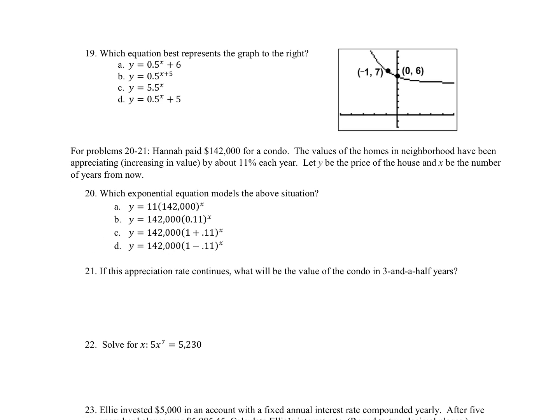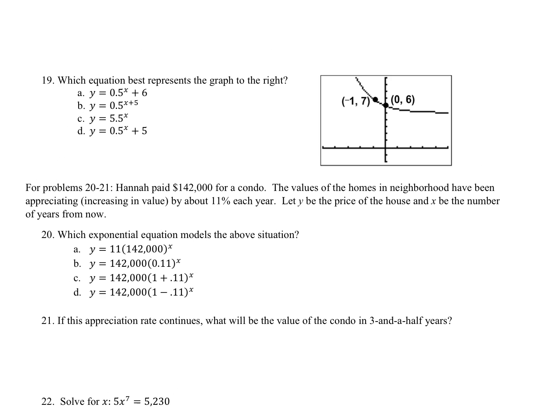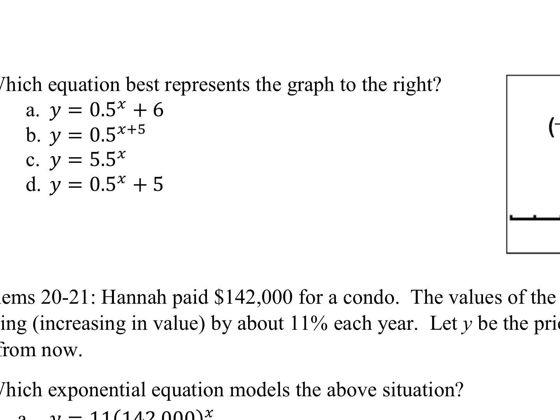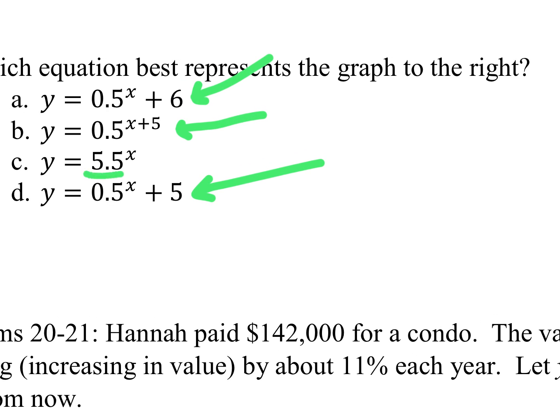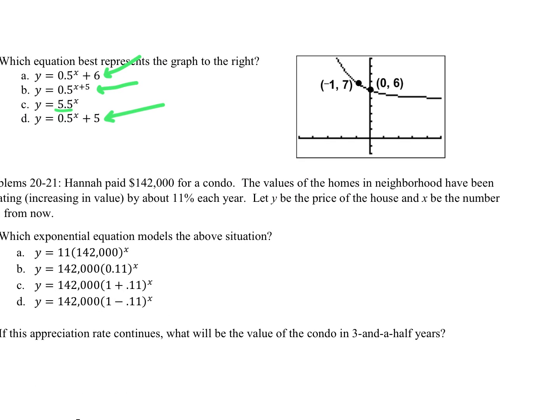This one's got some more exponential stuff, and it's just going to be testing, like, do you know which of these it is? Because, like, that's telling me a y-intercept of 6. That doesn't have a y-intercept, a.k.a. it has a y-intercept of 0. That has a y-intercept of 5. And only one of these has a really big base, and that's that one. So from those, you should probably be able to tell which of these it is.